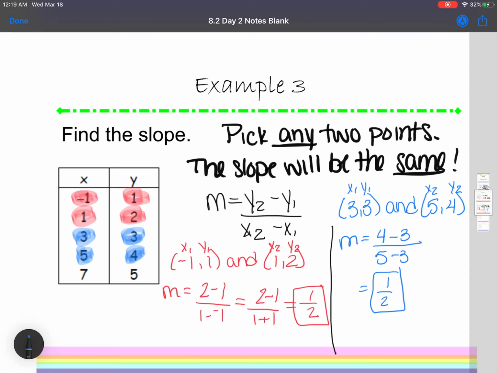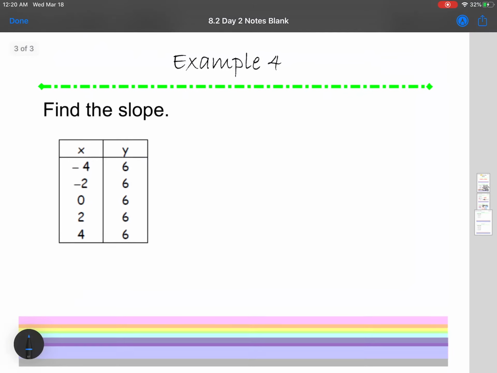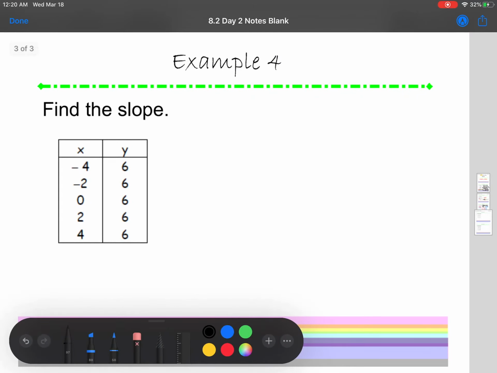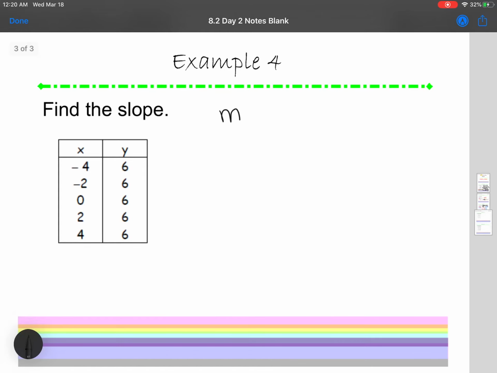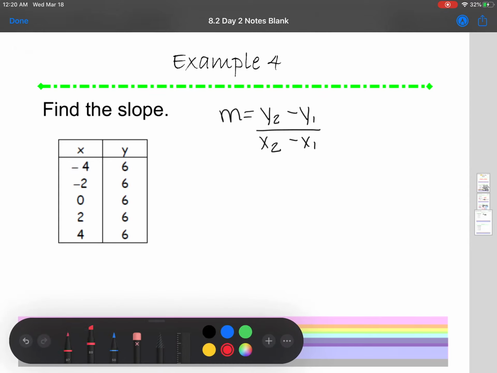All right. We have 2 more examples, and then we are done for the day. This one's nice, quick, and easy because yesterday we did the hard part of learning the formula and how to use it. So, example 4. Finding the slope. Again, I am going to rewrite my equation. M equals y2 minus y1 over x2 minus x1. I am first going to pick 2 random points.